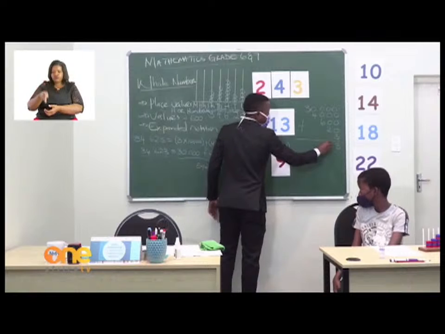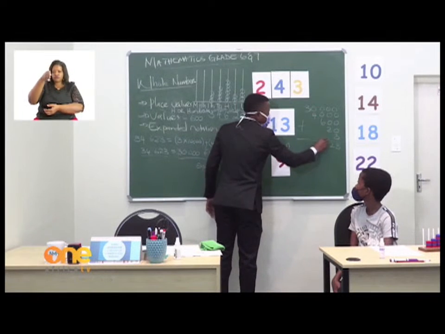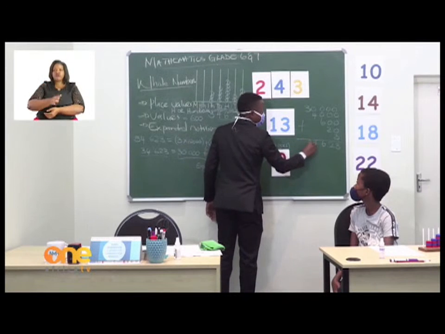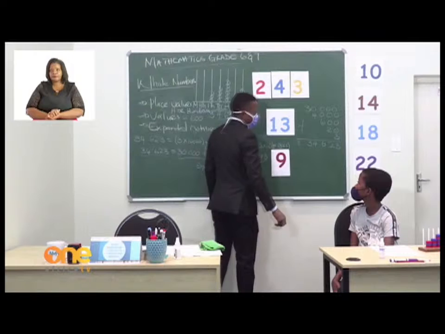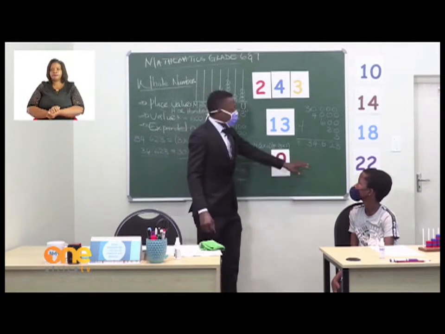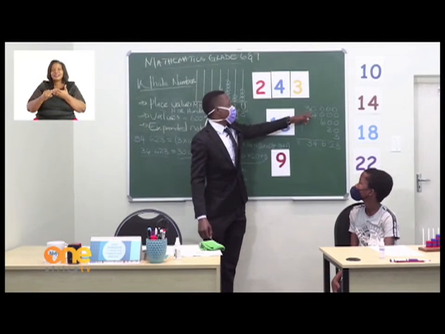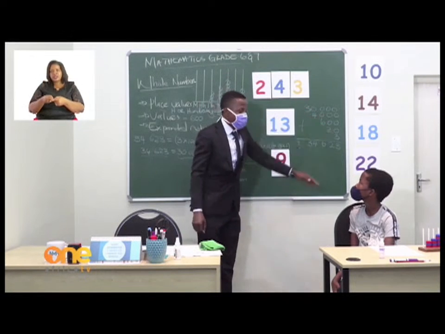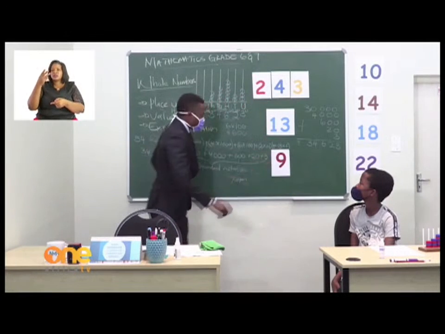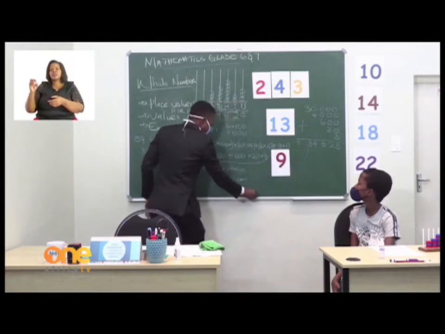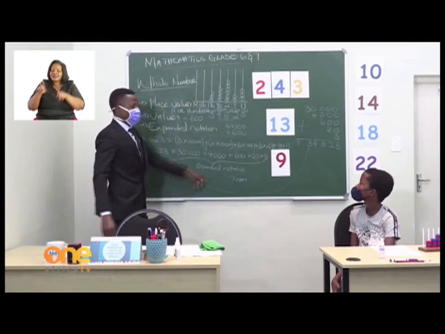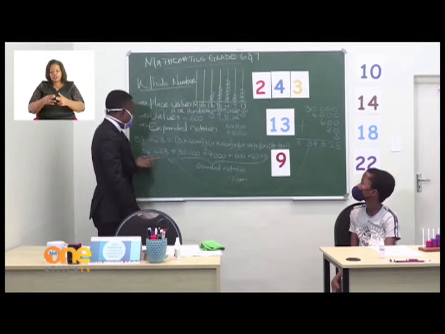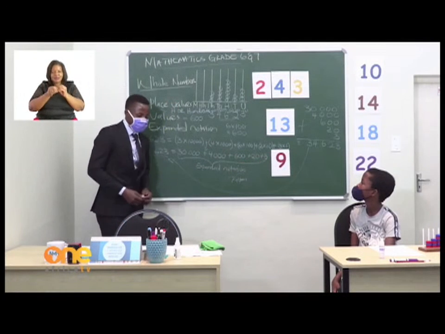I'll get a 2. I'll get a 6. I'll get a 4. And I'll get a 3. So at the end, you can also say it's between 30,000 plus 4,000 plus 600, and it must give you the number. So this is the expanded notation, and this is a number which is written as a single.